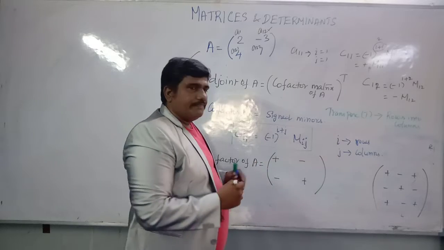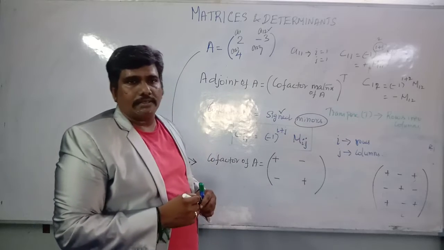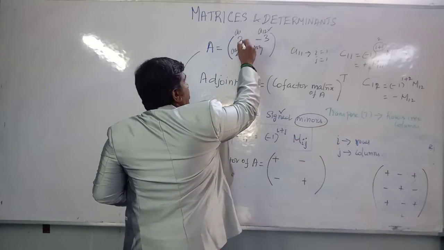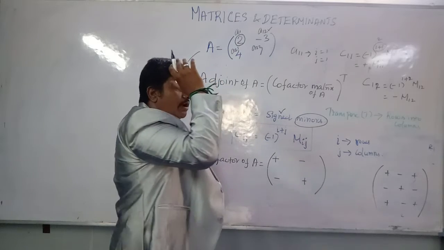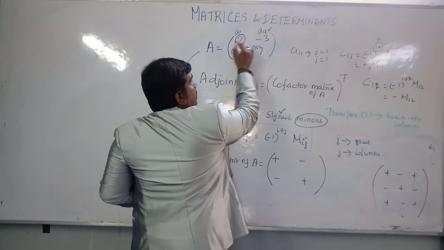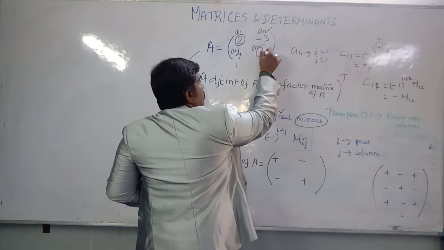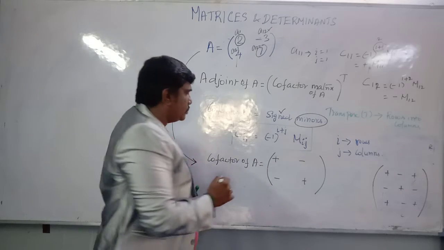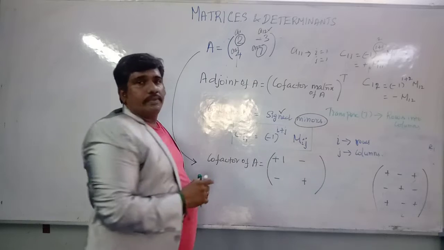Now we have the signs, and we need to find the minors. How to find the minors? For finding the minor of this 2, you just hide the row and column in which this 2 lies. This 2 is in the first row and first column. When you hide these, the remaining number is 1, so that is the minor of this element 2.